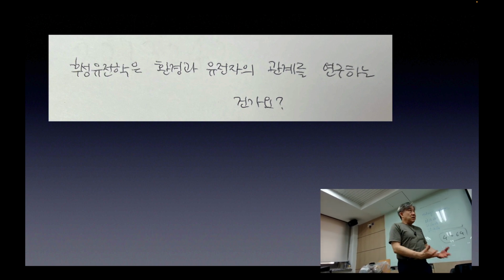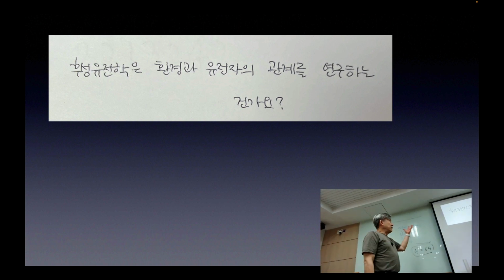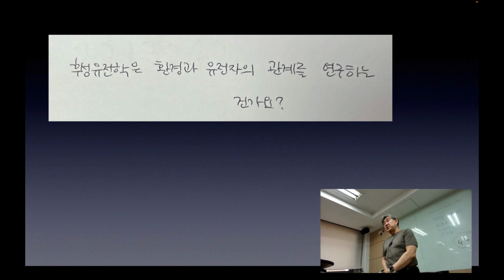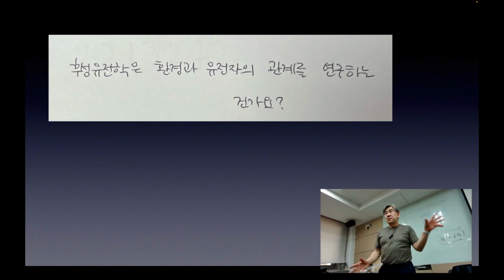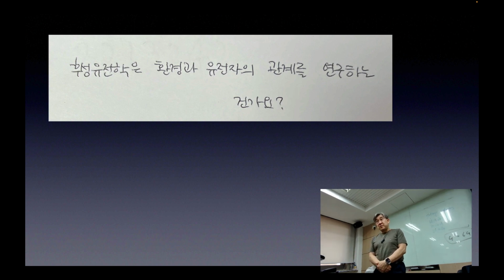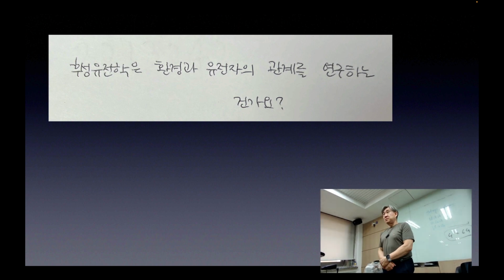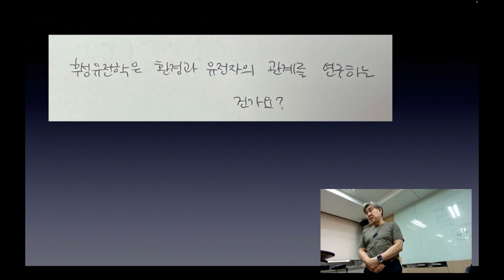So practically, yes, if you study epigenetics, you somehow deal with the relationship between environment and the function of the genes. But that is not the real reason or the definition or principle of epigenetics, is probably what I can say.